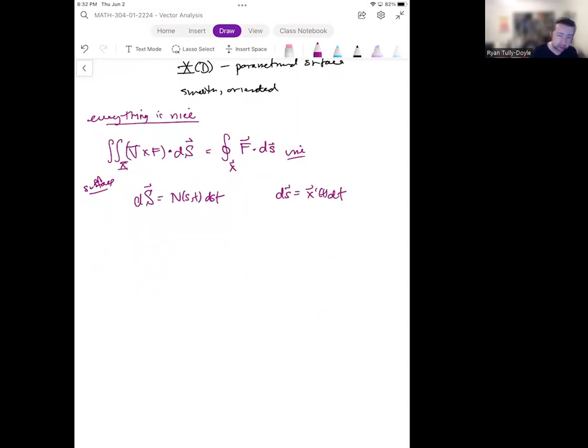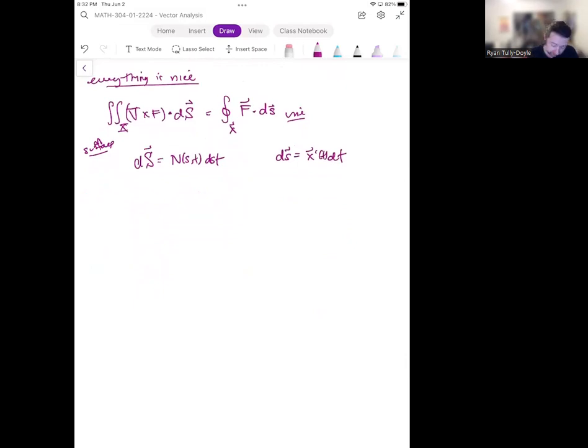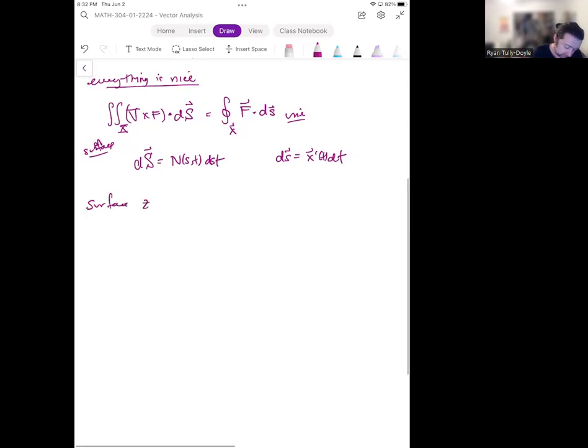Let's walk through the example I did on the board, and I'll try to do it in more detail so it's clearer what's happening. Let's look at the surface given by z equals e to the minus (x squared plus y squared) over the disk x squared plus y squared less than or equal to 1.